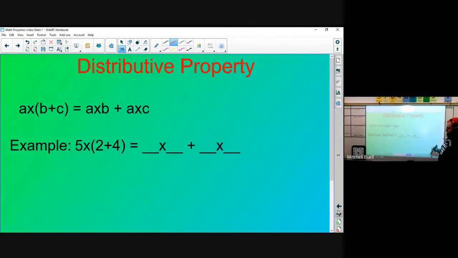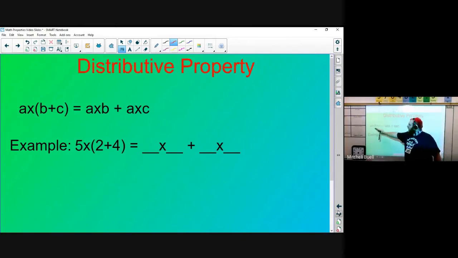Distributive property. Distributive property just means when you're multiplying by something on the outside, you're just going to multiply it by both terms on the inside, on all the terms on the inside.